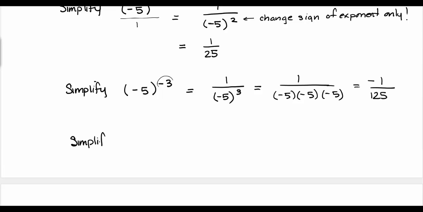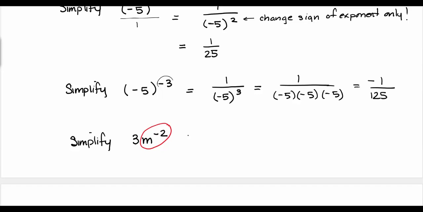Let's try another one. Simplify 3m to the negative 2. Okay, so if I look at this again, remember if I don't have any parentheses, my exponent belongs only to the base in front of it. It doesn't belong to that 3, right?